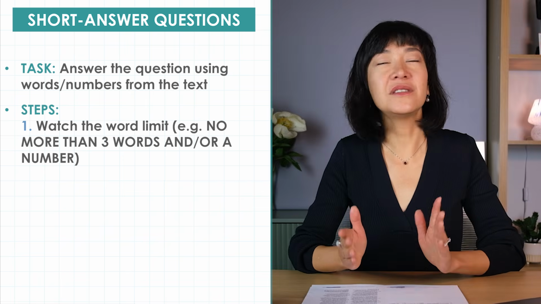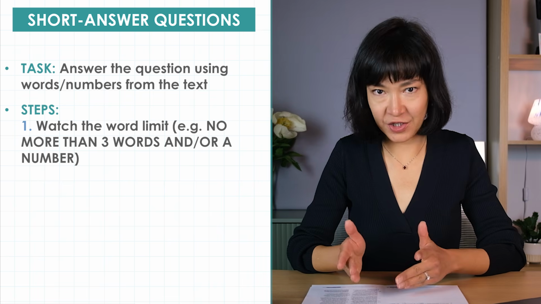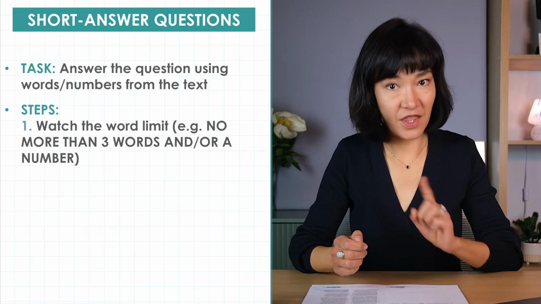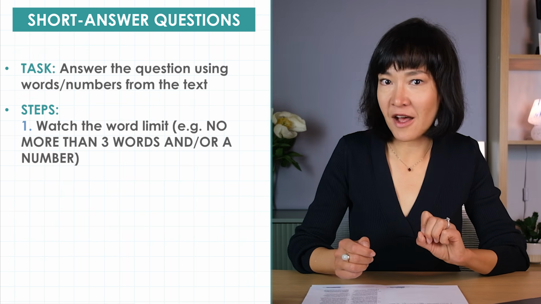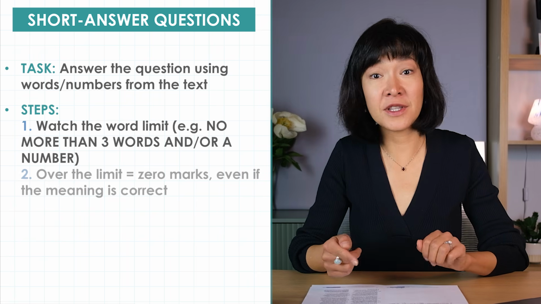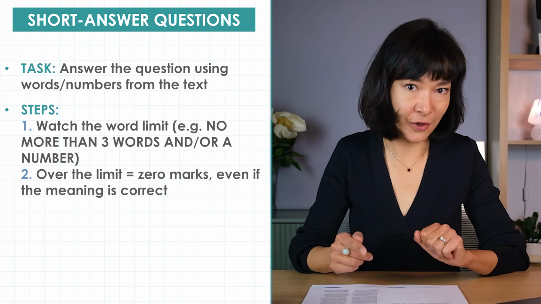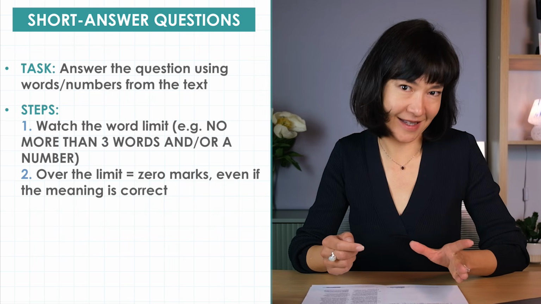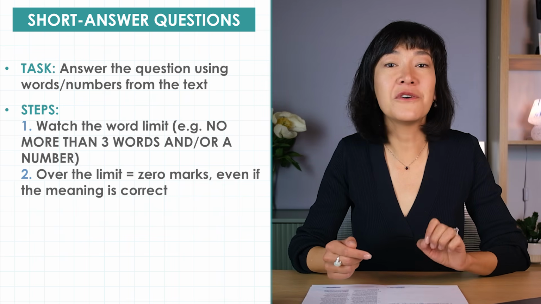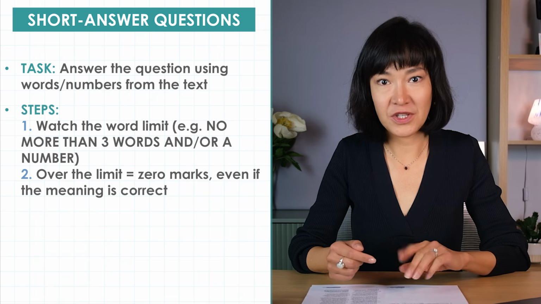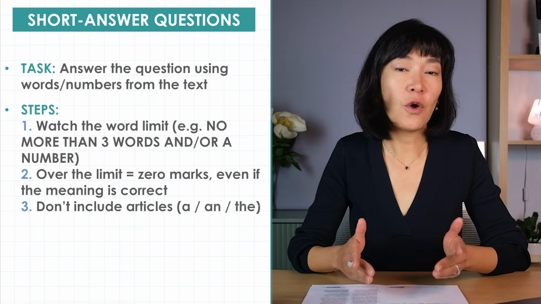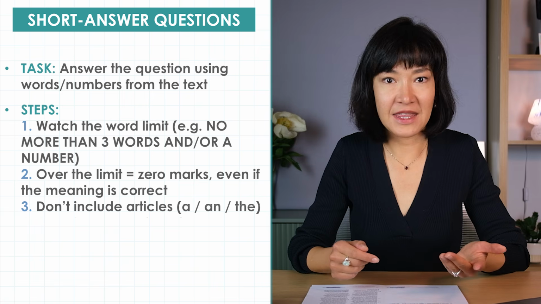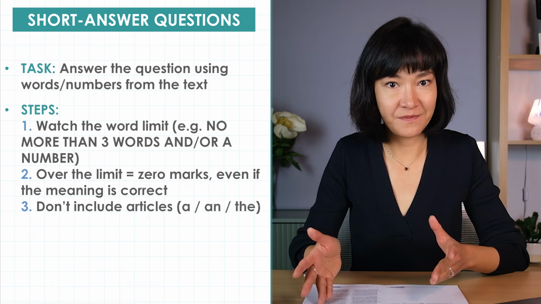Then 22 smart IELTS students is fine. 3 words and a number. 22 very smart IELTS students is over the limit and gets 0, even though the meaning is the same. One more thing students often get wrong. You don't need to include articles. No a, an, or the at the start of the answer.